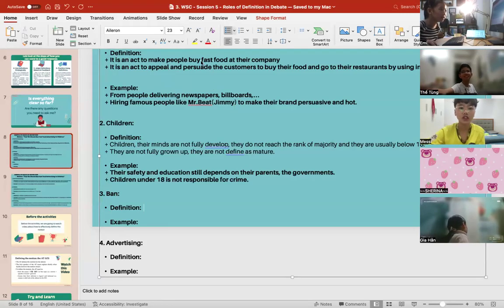So your definition of the word ban is talking about prohibiting or preventing something. Okay, an example like the president banned the reduced carbon emissions from power plants and industries. Okay, well, that is a really good example. Yeah, excellent.